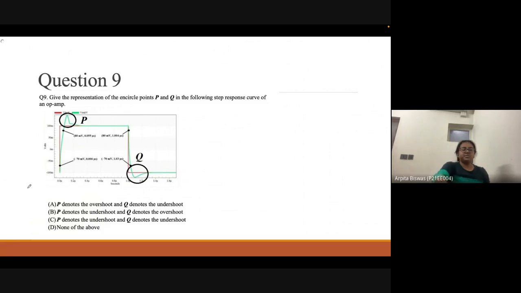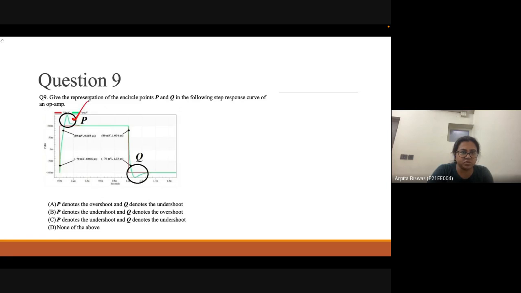What is the right answer? Question number 9. So see the diagram carefully.